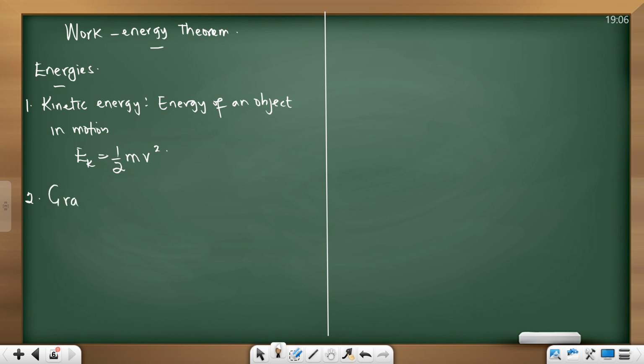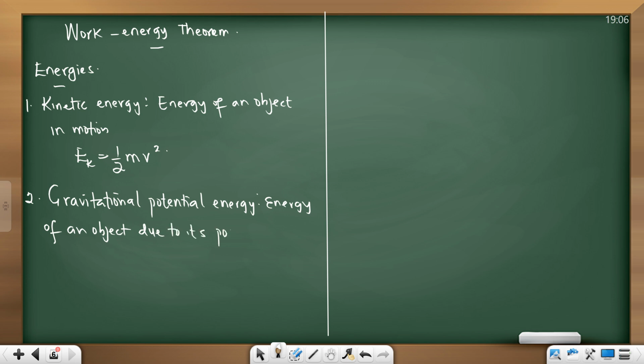Okay, number 2. Gravitational potential energy. What is that? Let's define it quickly. It is the energy of an object due to its position above the ground or above the Earth's surface.